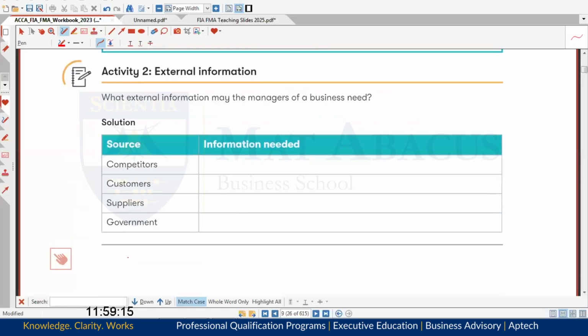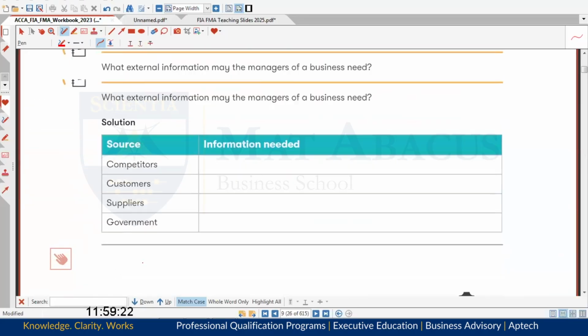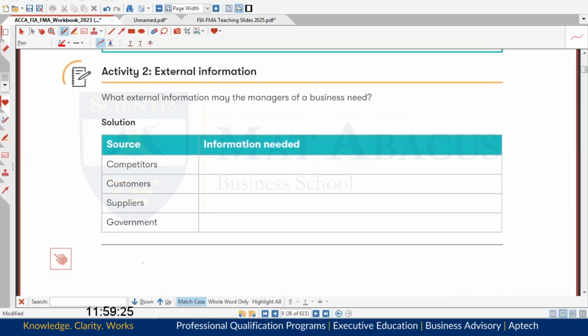For example, in a business, people need this kind of information about the business, okay? Competitors need to know how the other competitors are performing in terms of revenue, their profitability, how much they are costed, how much they're selling their products.